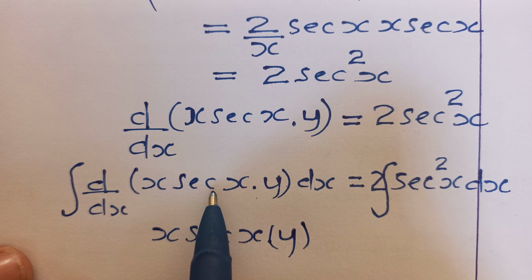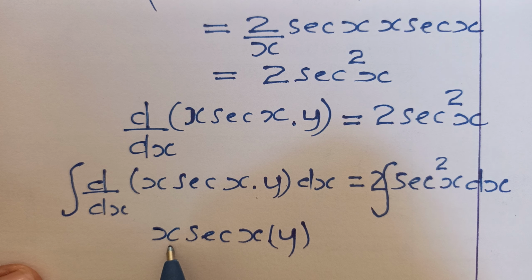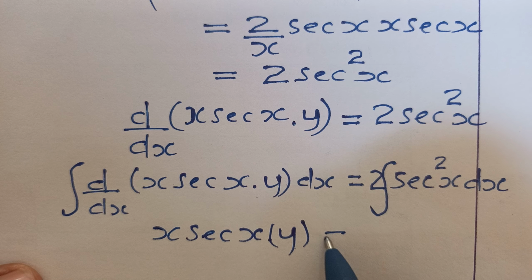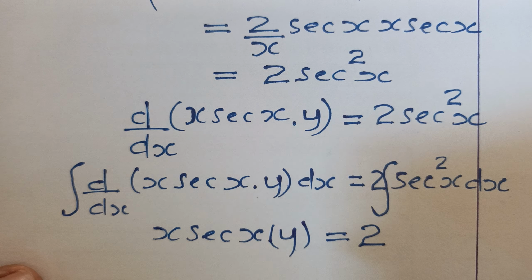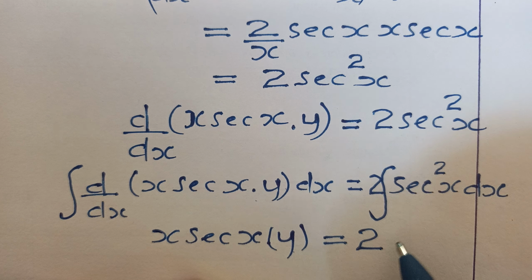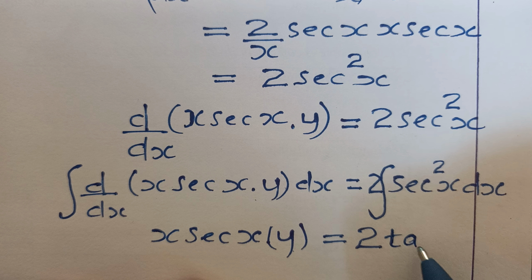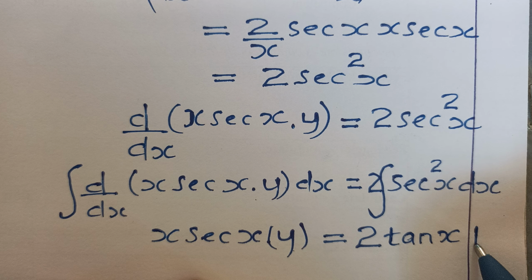And so when you have differentiated something like this, and then we integrate it, it comes back to what it was originally. So we have x sec x y equals 2. The integral of sec squared x will give us tan x, and then we have to say plus c.